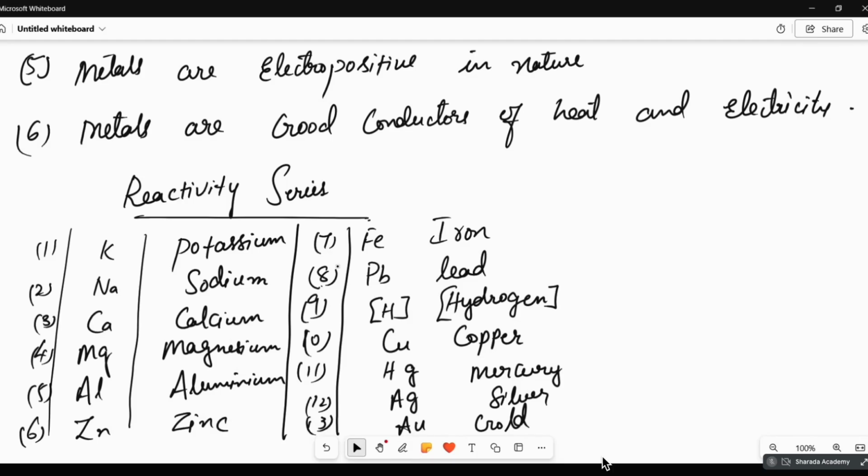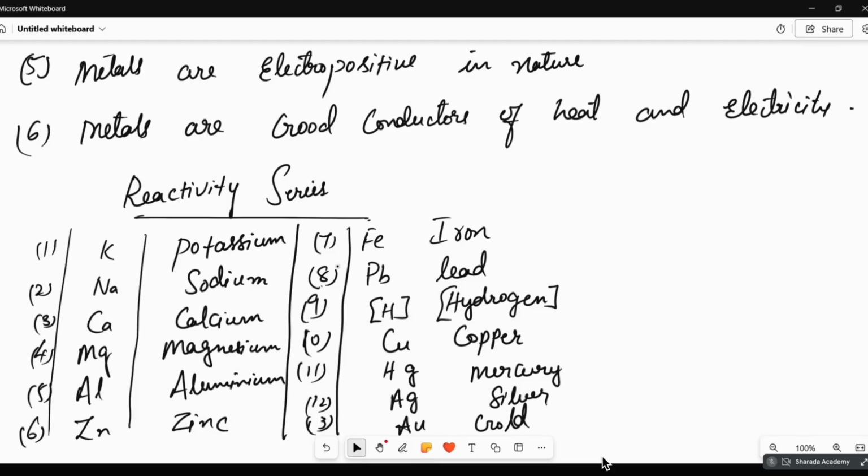That is why we use it in ornaments. We don't use iron ornaments because iron will rust, but gold will not rust. It holds its property, which is why it is valuable.